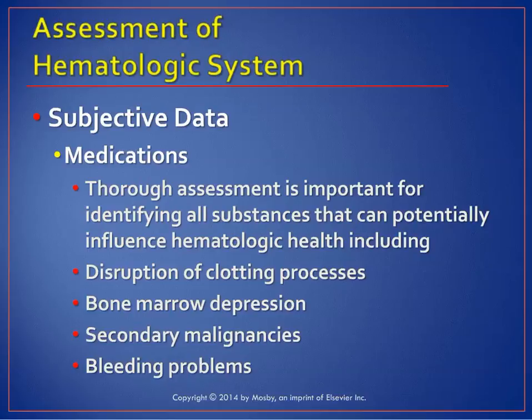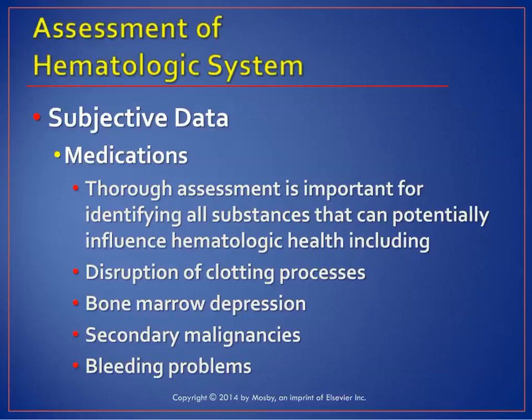Medications are important to assess thoroughly to identify any substances that might potentially influence hematologic health. So you need to take a history about prescriptions, over-the-counter medications, vitamins, herbal products, and dietary supplements, because they have the potential to interfere with normal hematologic functions.